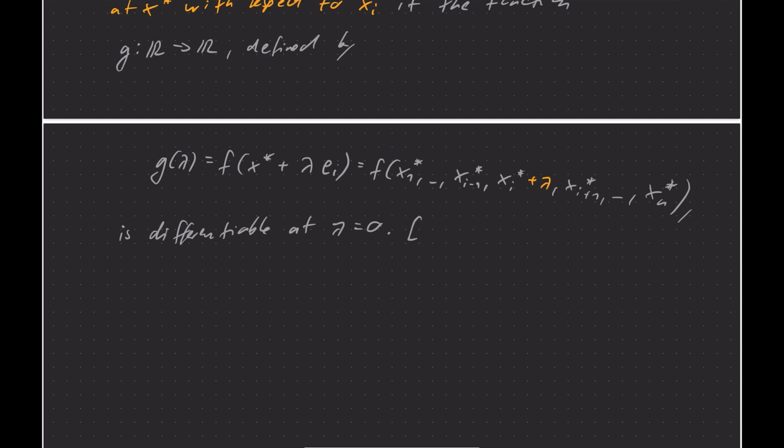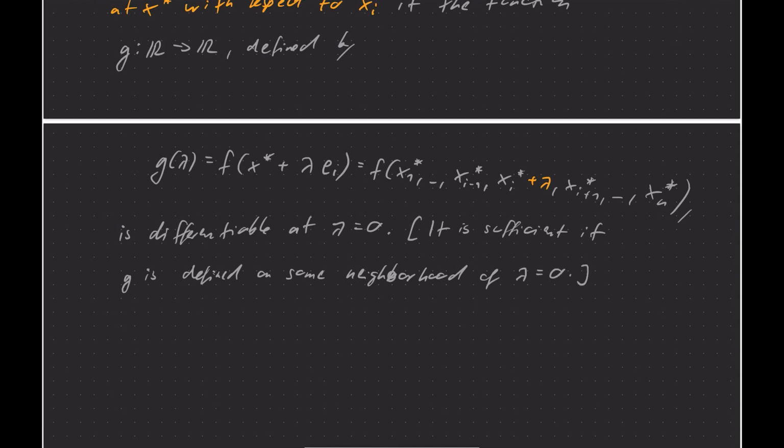Just as a remark, it is of course sufficient if g is only defined on a neighborhood of 0. You don't need to have it defined on R in total. It is sufficient if g is defined on some neighborhood of lambda equals 0.